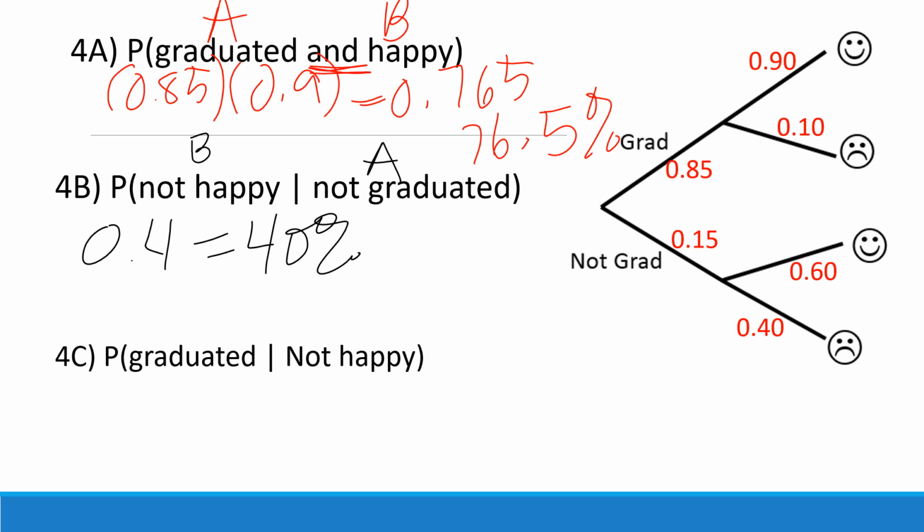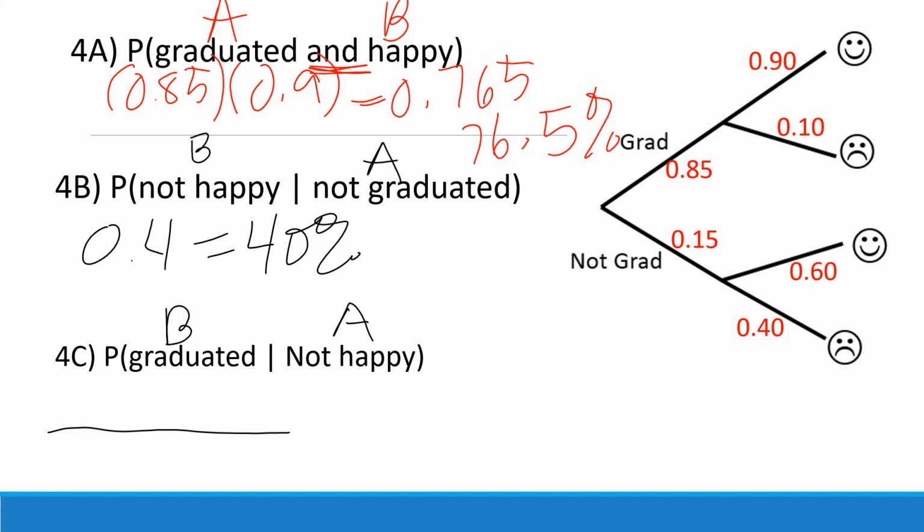For 4C, again, you can use the formula if you want. This is asking, out of all of the unhappy people, how many of them graduated? Okay, so we first put the not happy people on top.